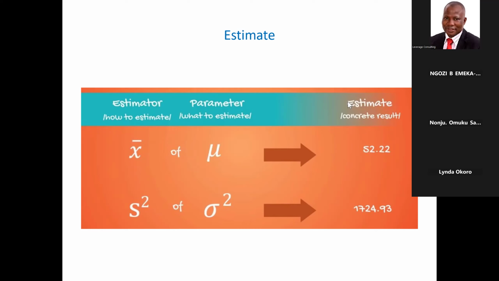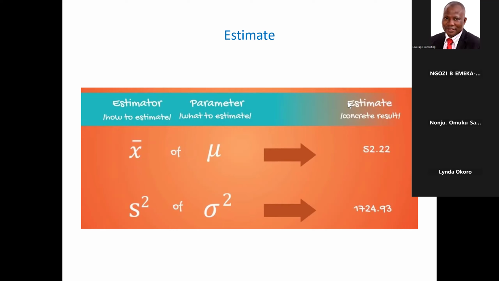I said the difference between statistic and parameter is so fundamental that there's a system that now represents the statistic by Roman letters, not figures, Roman letters, and represents the parameter by Greek letters.